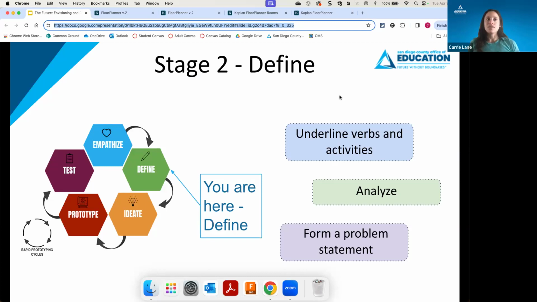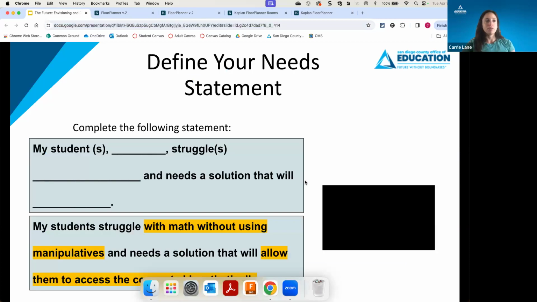For us adults, this will really just be taking what we've learned from listening and compiling it into a problem statement once we've analyzed what has been said. Depending on whether you want to take the more nuanced approach of underlining and then looking back at it, or you want to just look through it and form a problem statement, either way, you are defining the problem.